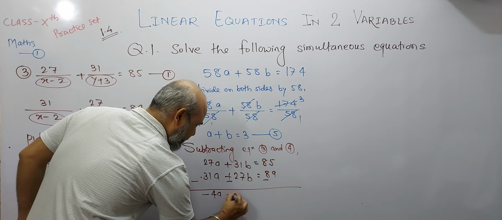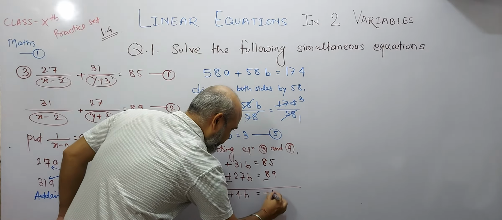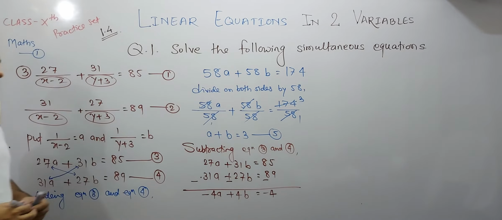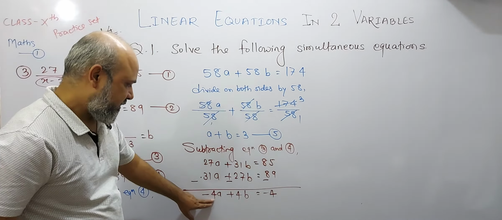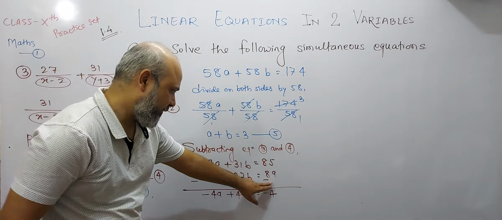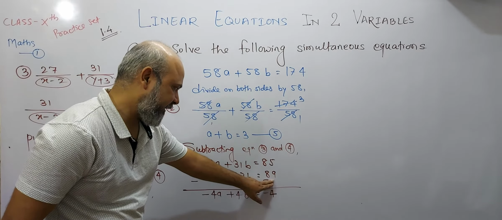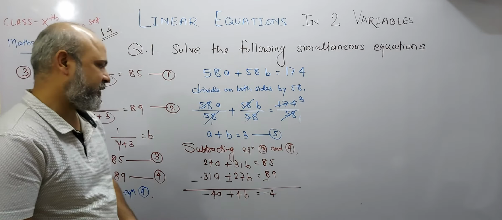Here you will get plus 4b, and this is equal to minus 4. Okay? So this will give us minus 4a plus 4b, and this is equal to minus 4, because 89 is greater than 85 and the sign of 89 is minus. So you will get minus 4.